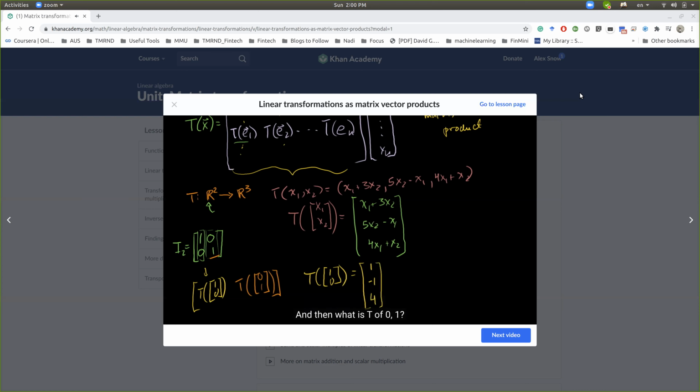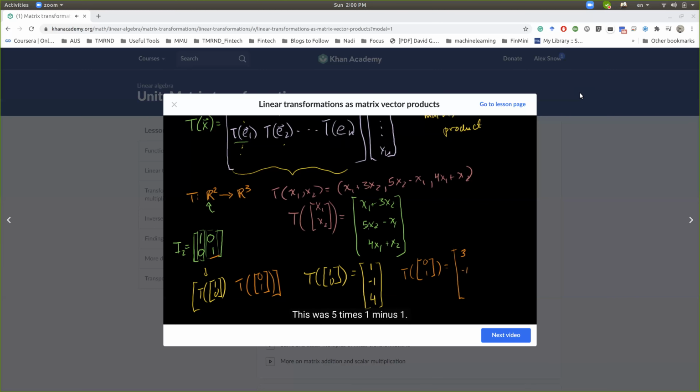And then what is T of 0, 1? T of 0, 1 is equal to, so we have 0 plus 3 times 1 is 3. Then we have 0 minus 1 is minus 1. Let me make sure I did this one right. What was this?